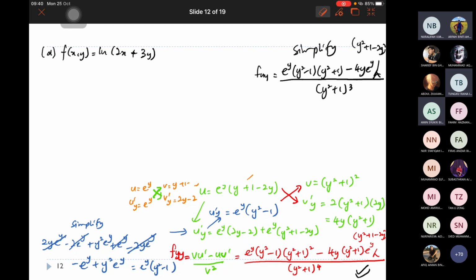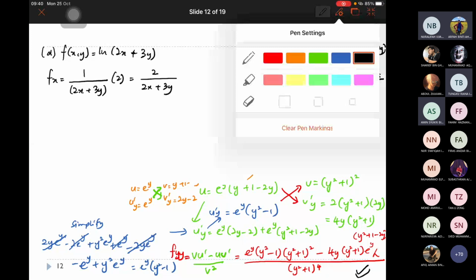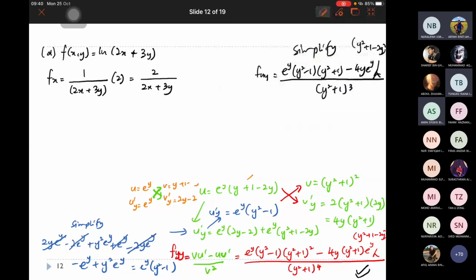pembezaan terhadap X. We want to find partial derivative with respect to X. Bezakan ln function, you akan dapat dia punya semua yang dekat dalam tu. 1/2X tambah 3Y. Dan bezakan term X. Bezakan 2X tambah 3Y. 3Y itu akan jadi kosong. 2X will become 2. So you are going to have 2 over 2x tambah 3y. So this is partial derivative with respect to x.